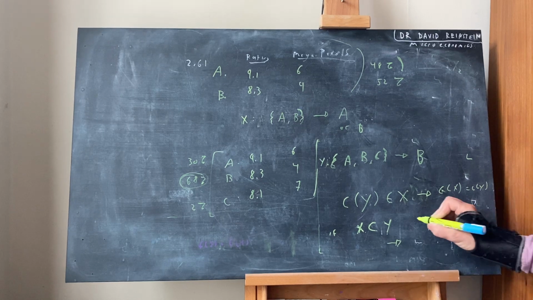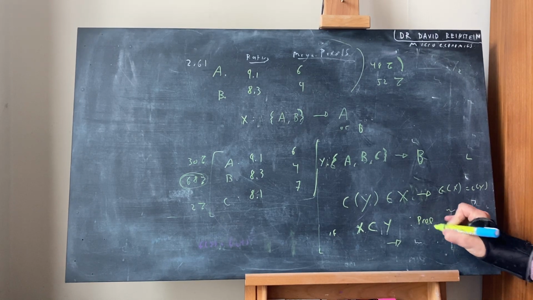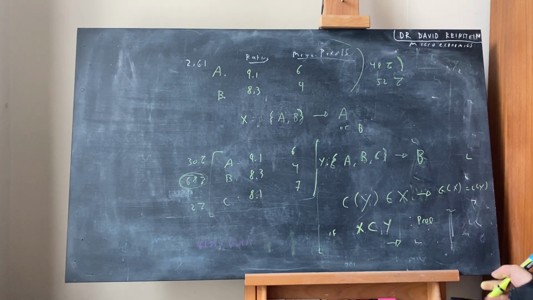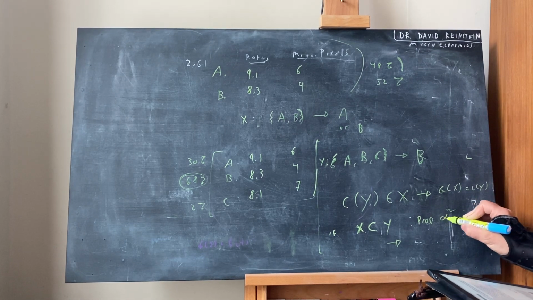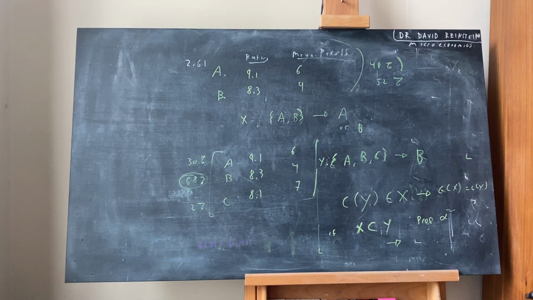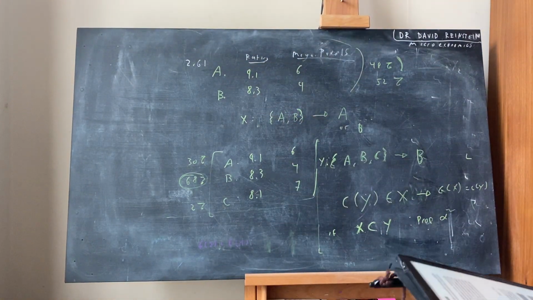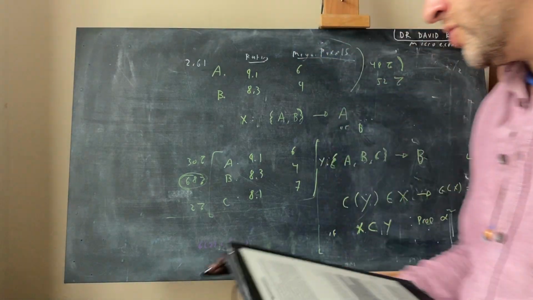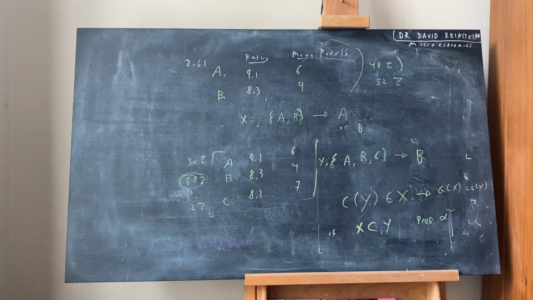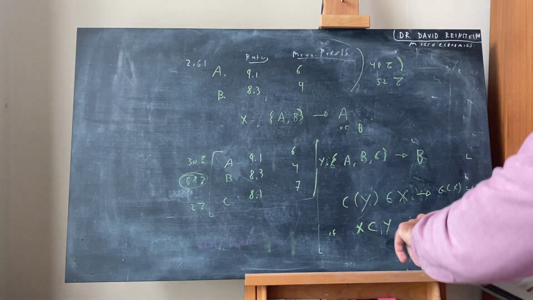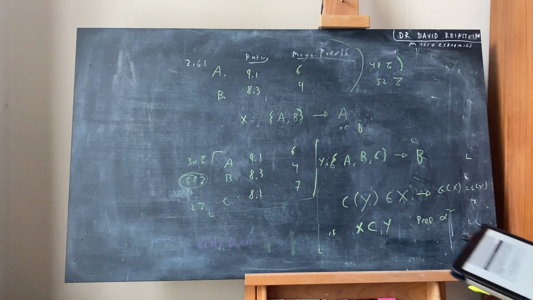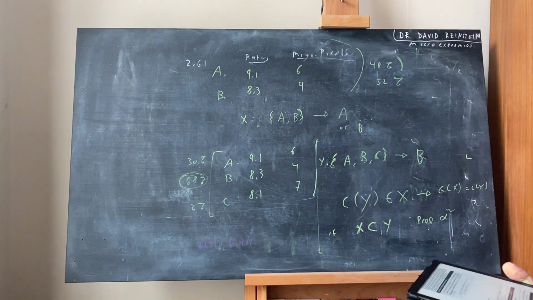That was property alpha. If that holds for all choices, then the choice function satisfies property alpha. And that's a necessary condition for the choice function to be rationalizable. If it's rationalizable, it must satisfy property alpha, and we came up with a very simple proof of that.